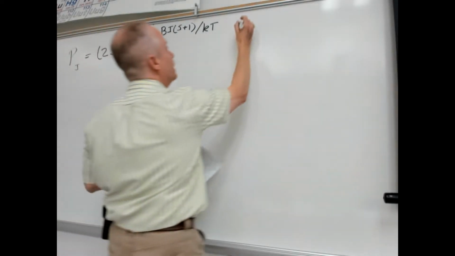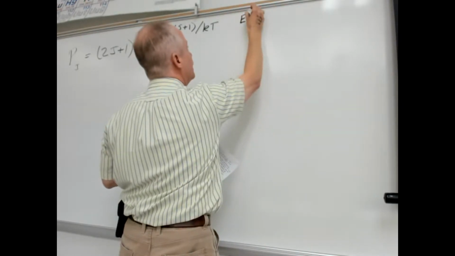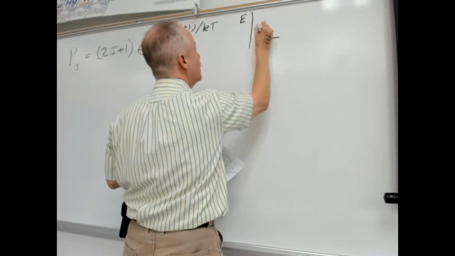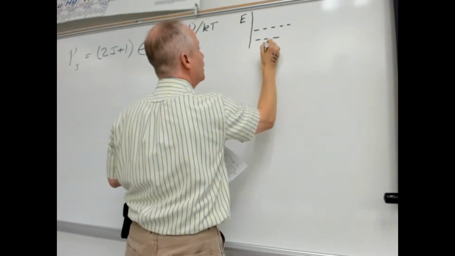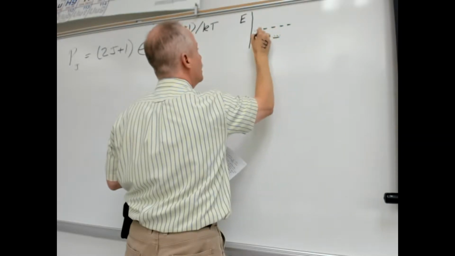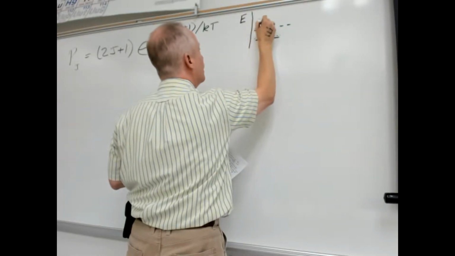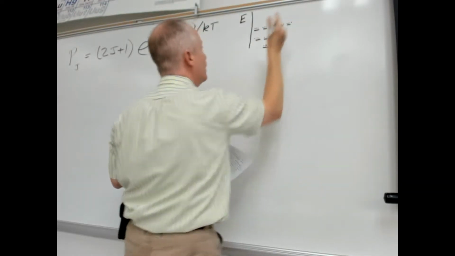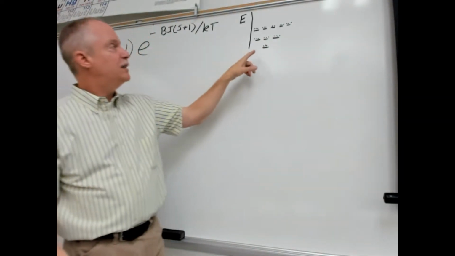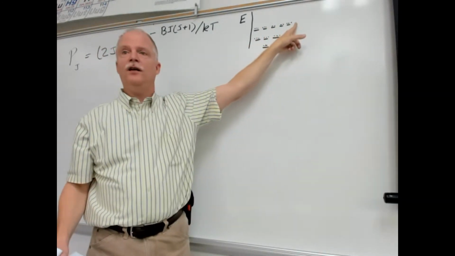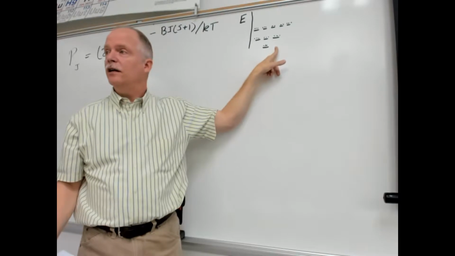Okay. So we can think of it this way. Notice how the degeneracy favors excitation because there's 5 levels up here and only 1 level down here.